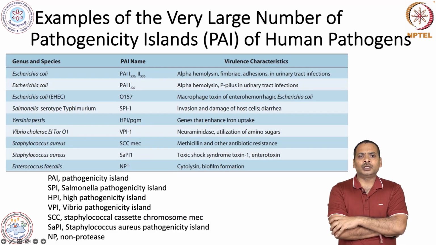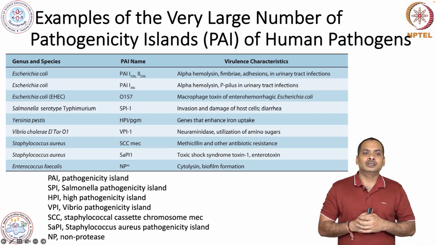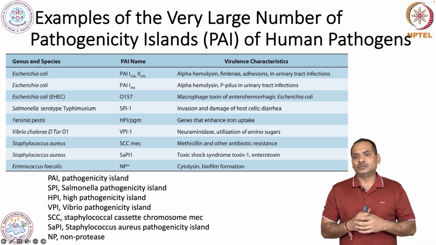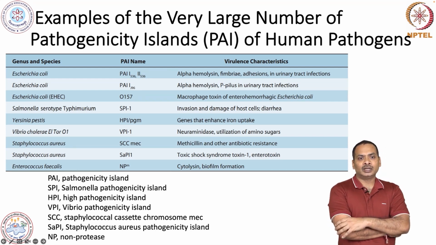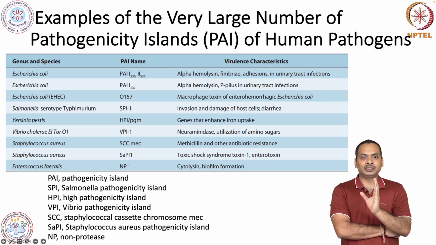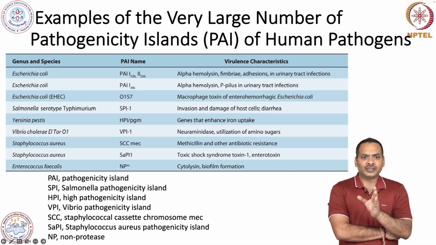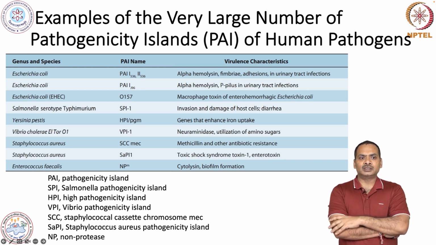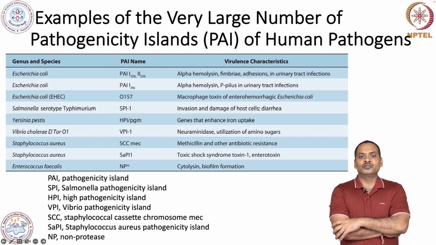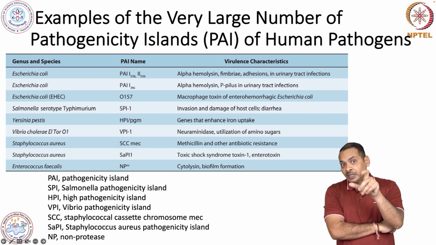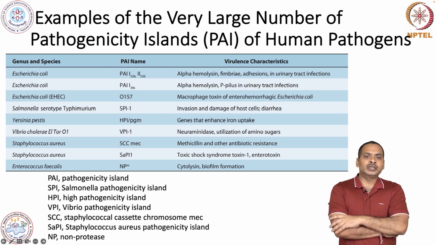Here is an example of a very large number of pathogenicity islands of human pathogens. Again there is E. coli, and pathogenicity islands I 536 and II 536 basically encode alpha hemolysin and fimbriae. Fimbriae are needed for attachment and adhesion in the urinary tract.